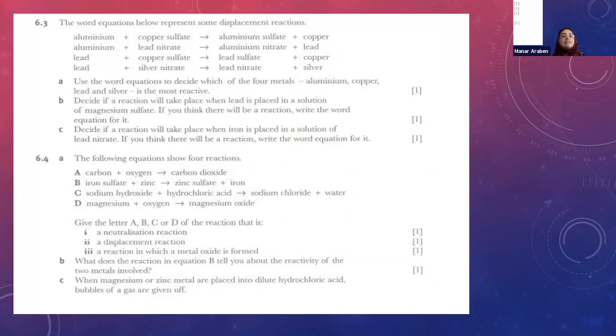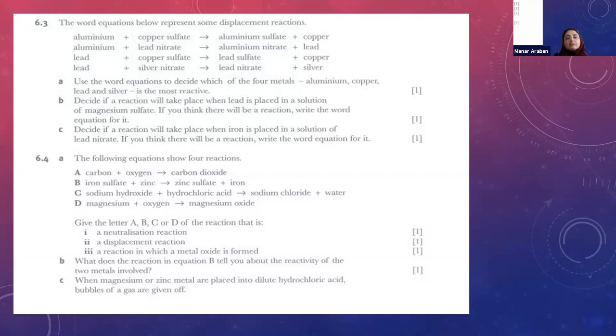Try to answer this question. The word equations below represent some displacement reactions. Number 1, aluminium plus copper sulfate gives aluminium sulfate plus copper. Number 2, aluminium plus lead nitrate gives aluminium nitrate plus lead. The third equation, lead plus copper sulfate gives lead sulfate plus copper.